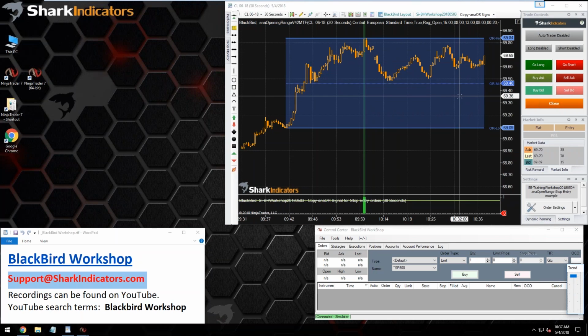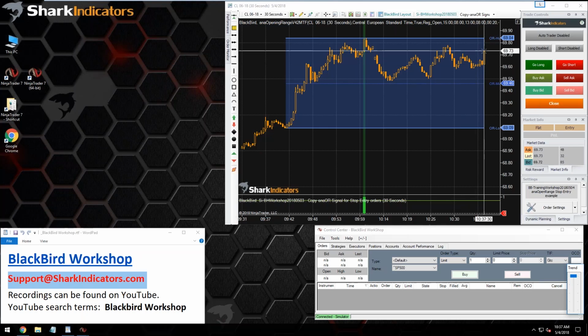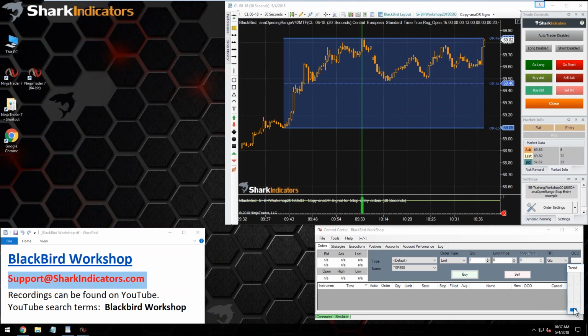Now, the way the BloodHound signal was designed is that price needed to get within 7 ticks of one of the ranges here. All right, that'll do it. Looks like we got within a tick of that upper range. And so when this bar closes, should get a signal.